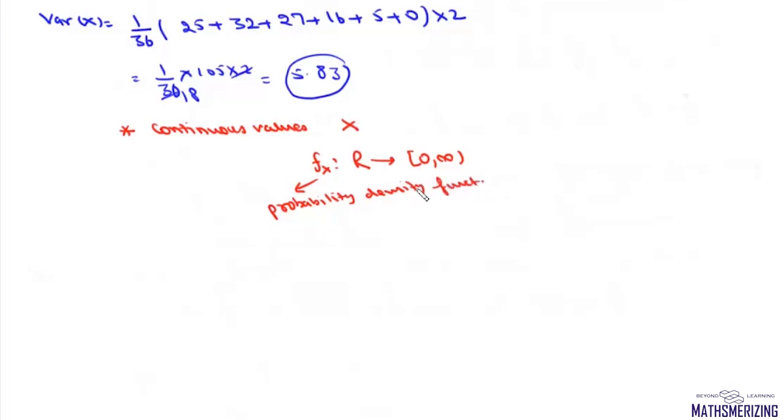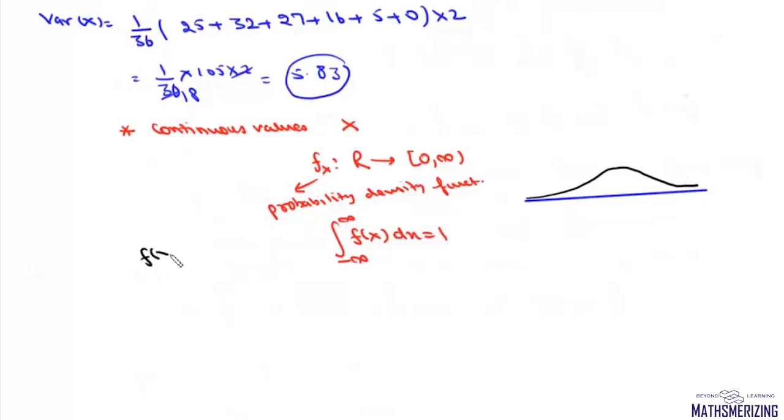This fx will be a probability density function if the integral from minus infinity to plus infinity of fx dx is equal to 1. So for continuous random variables, we define a function called the probability density function, and here the value of fx must be greater than or equal to 0.